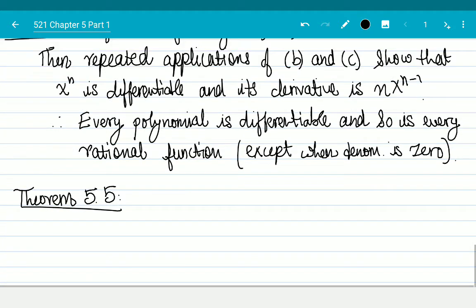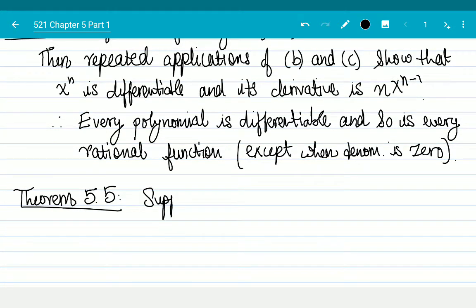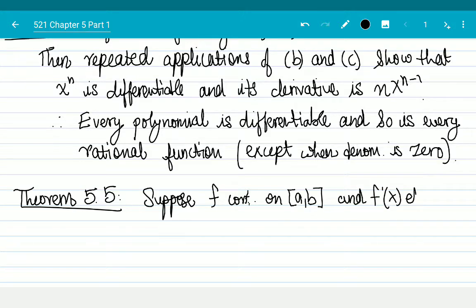Suppose f is continuous on [a, b], and f prime of x exists at some point x belonging to [a, b]. Okay?